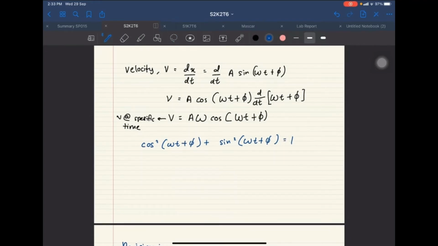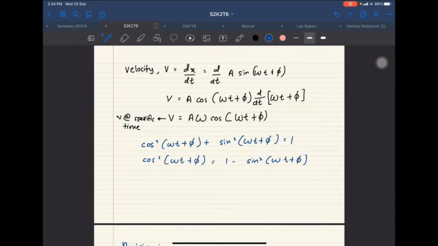Okay, and if you want to substitute inside yang here, maybe you can write in terms of cos. So cos squared here is equals to 1 minus sin squared (omega t plus phi).